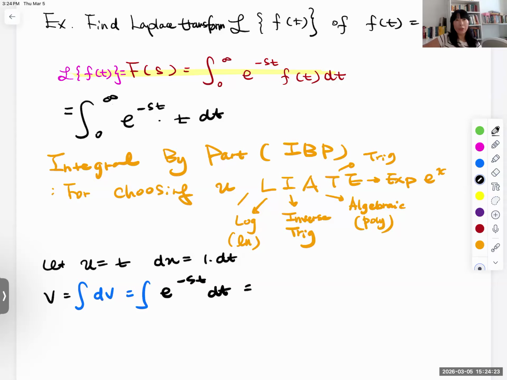We had this experience earlier, so v will be negative 1 over s times e to the negative st plus c.